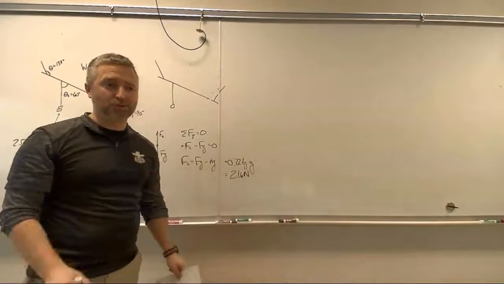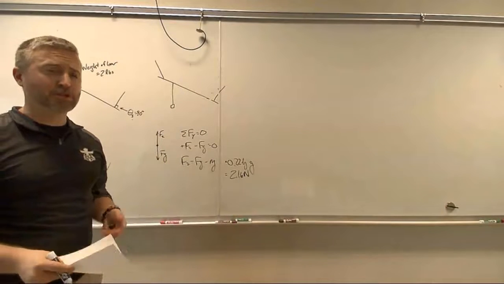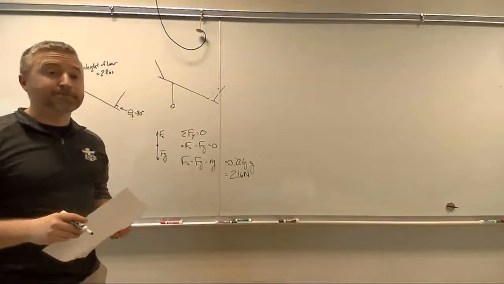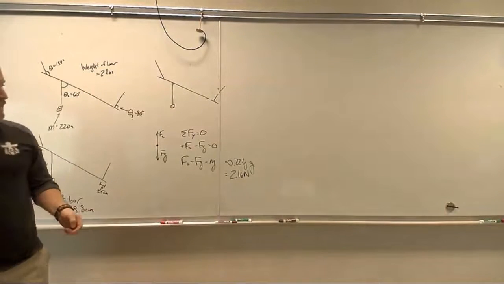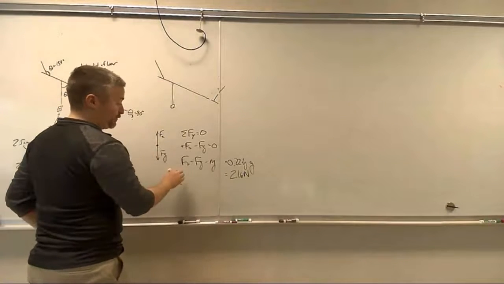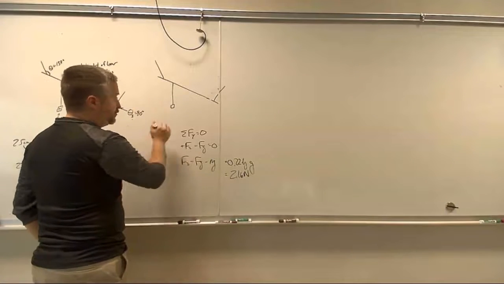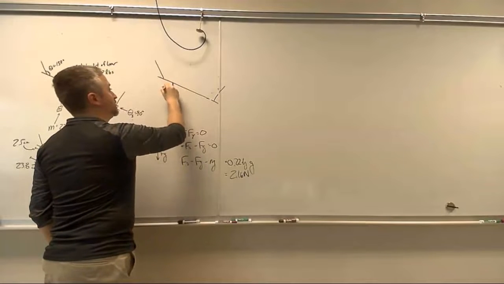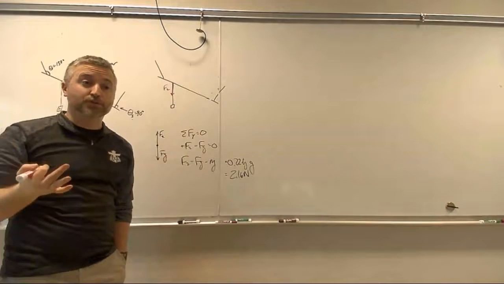I'm just going to go to three significant figures, so if you have numbers slightly more specific than that, that's completely fine. Okay. Then, since that gives us this force right here, force tension 2, we also know that that's equal to this force tension 2 because of Newton's third law.